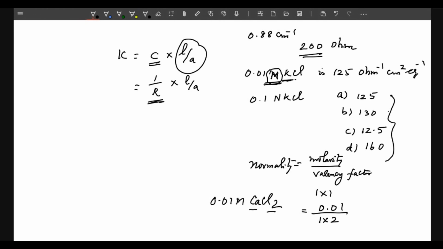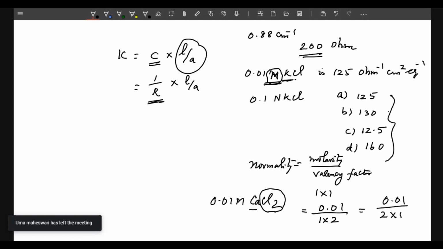Therefore, your normality is 0.01 divided by 2. If you take chloride ion, how many chloride ions are present in the formula? 2. What is the valency of each ion? 1. Here also you would get the same result. Therefore, either you should take the cation or you should take the anion to convert the molarity to normality.